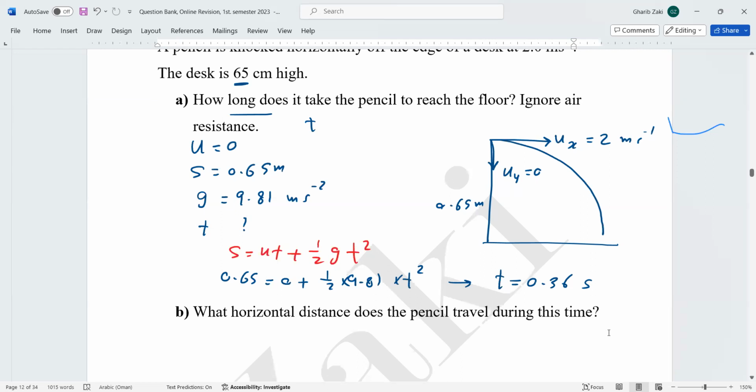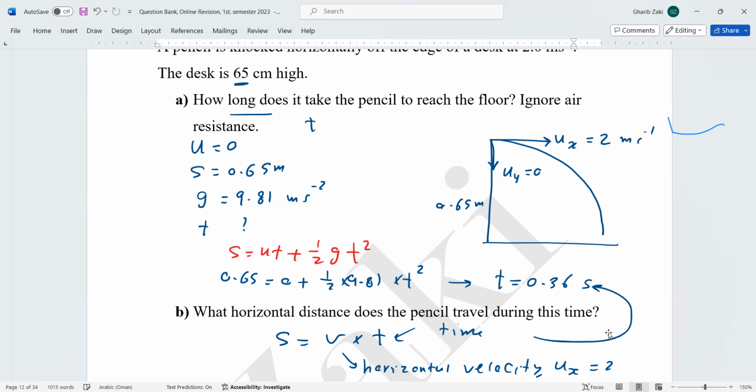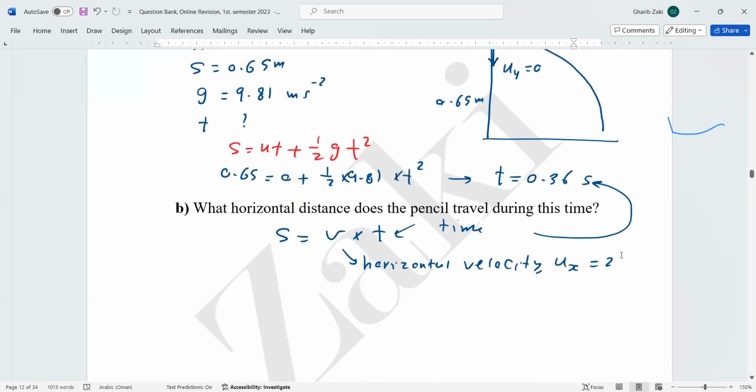What is the horizontal distance? The horizontal distance s equals v multiplied by t. What is v? It is the horizontal velocity, which is ux equals 2. What is t? It is the time that we got. We don't multiply by 2 because it is just one time.